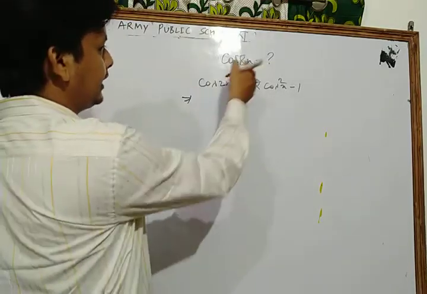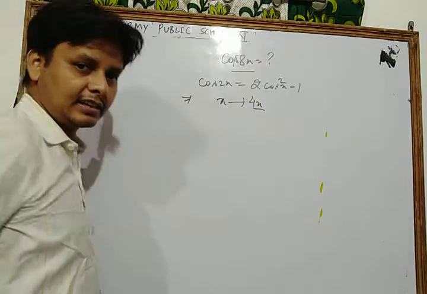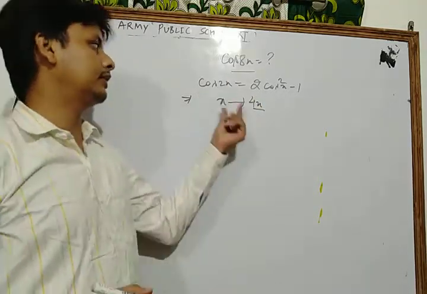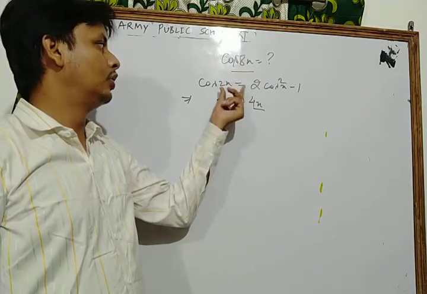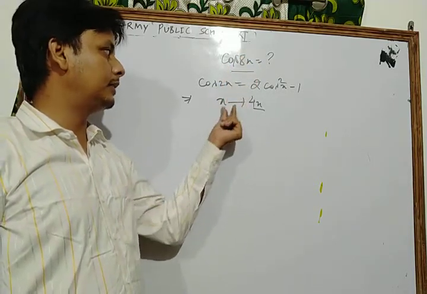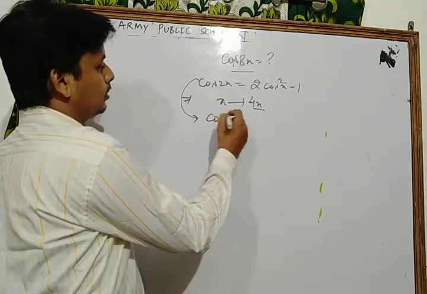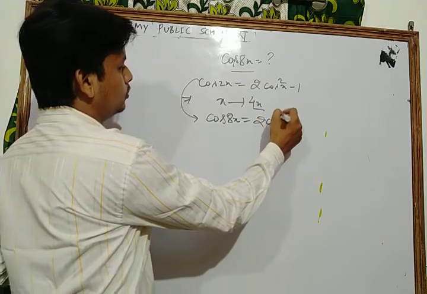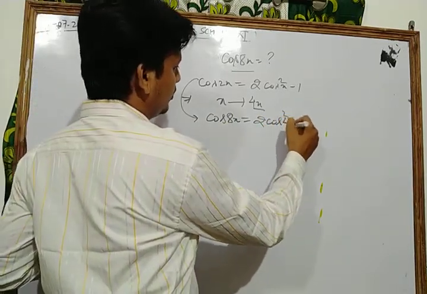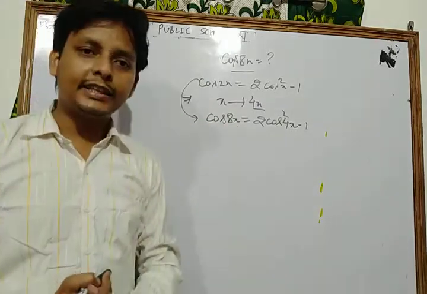And if we want 8x, we replace x by 4x. So we get cos 8x equal to 2 cos square 4x minus 1. So this is the formula for cos 8x.